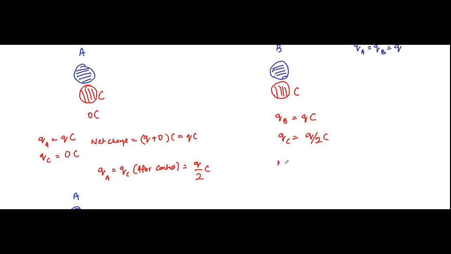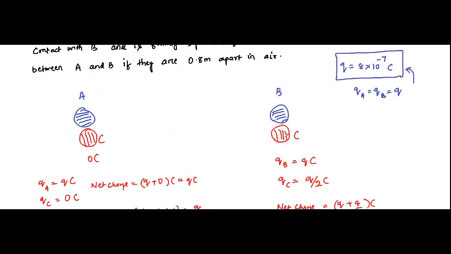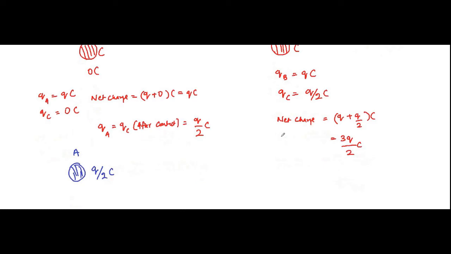So the total charge during contact is Q plus Q by 2 coulombs, which is equal to 3Q by 2 coulomb. Now since B and C are also identical, they will also share the charges equally.